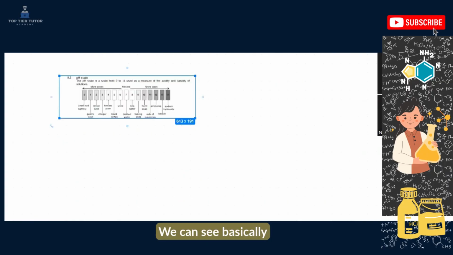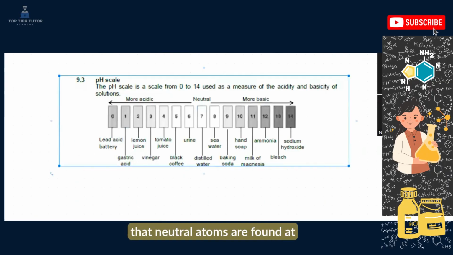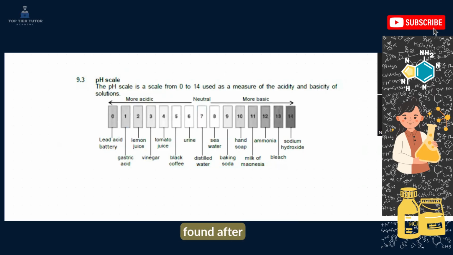We can see that neutral solutions are found at 7. Alkaline solutions are found after 7, and acidics are found before 7. And they have given us real life examples of what is considered to be acidic and what is considered to be basic.